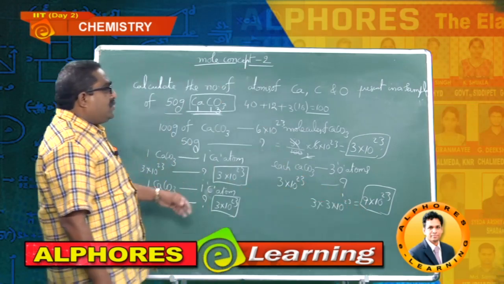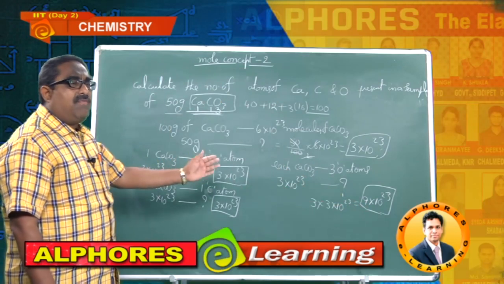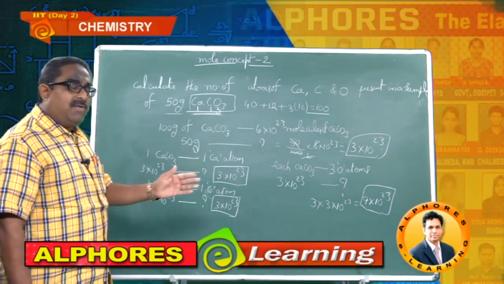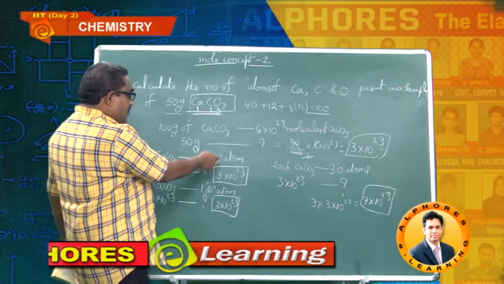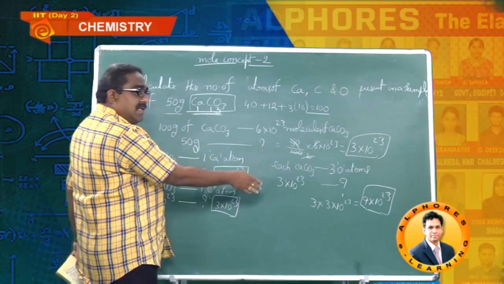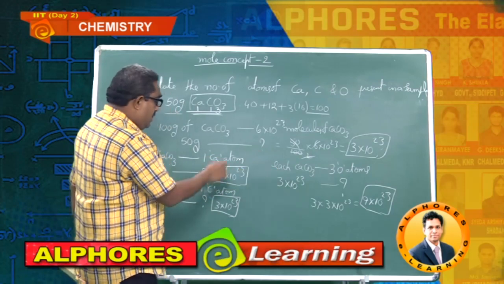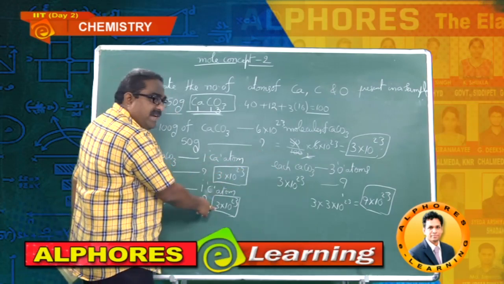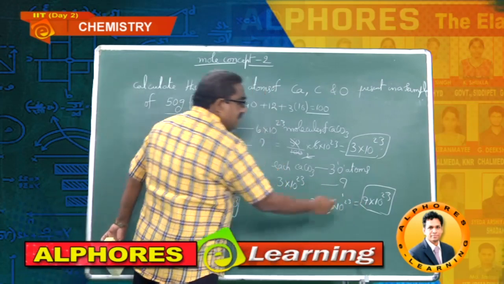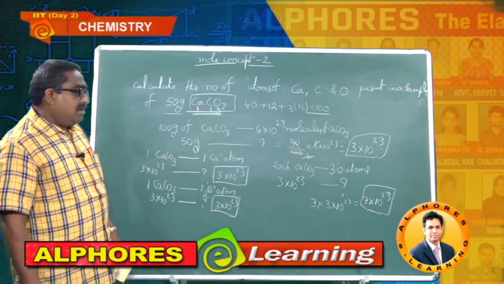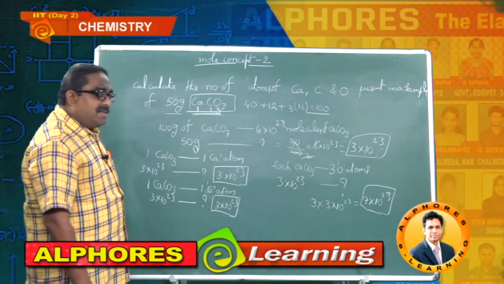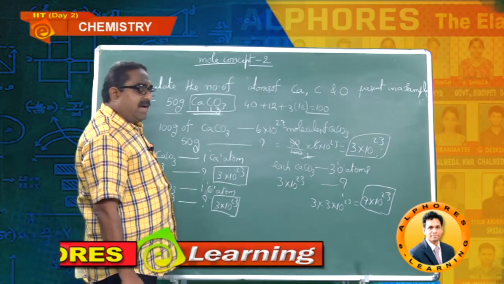If anybody asks you to calculate the total number of atoms, you can just add up all these things. 10 power 23 is common. 3 and 3, 6, plus this 9, total 15. So you can simply answer the total number of atoms.